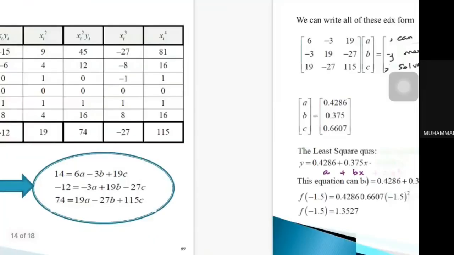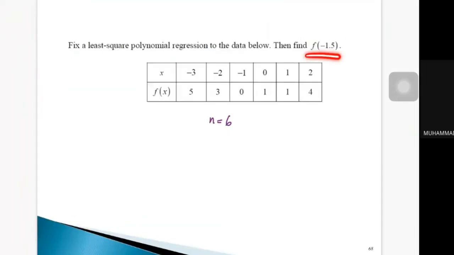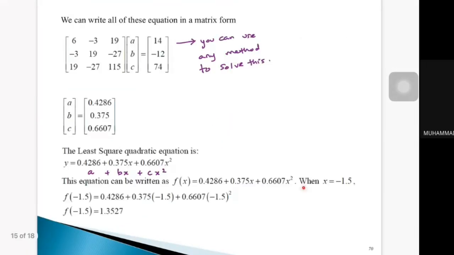So remember, we have another question. Find f(-1.5). So when x equal to negative 1.5, just substitute negative 1.5 into your x, here, the x squared. Then simplify it. So f(-1.5) is equal to 1.3527. This is the answer for the first question and the second question.